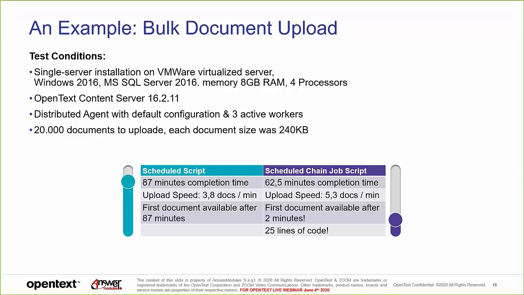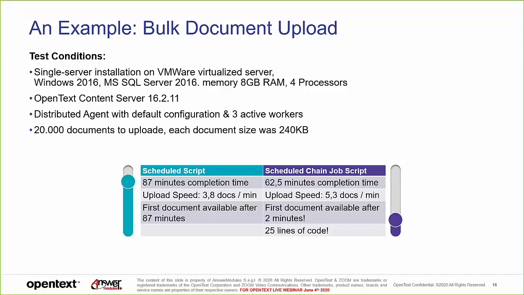We were able to parse the upload of more than 20,000 documents in the system, each one made of a single file of 240 kilobytes, and we processed this bulk upload through the usual scheduled script, which required 87 minutes for completion, and the first document became available after 87 minutes, at a speed of 3.8 documents.